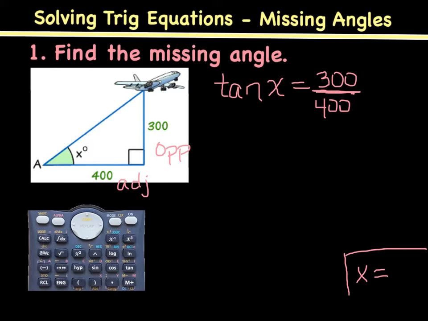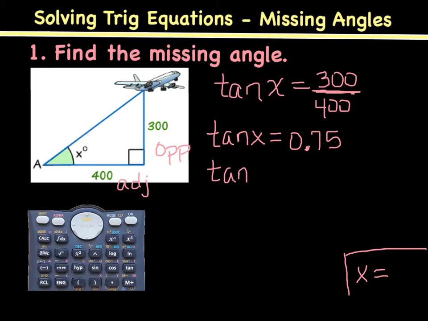What you're going to do is divide 300 by 400, and you're going to get a decimal number. It equals 0.75.